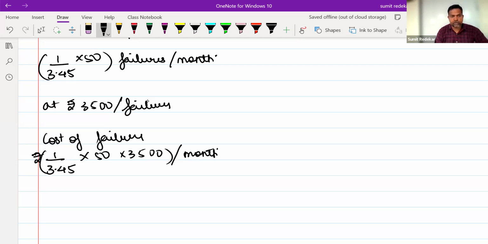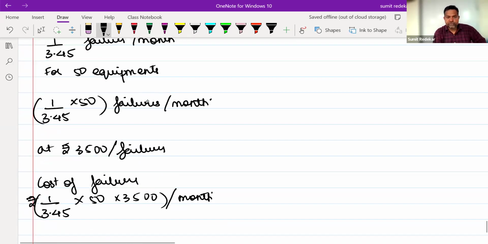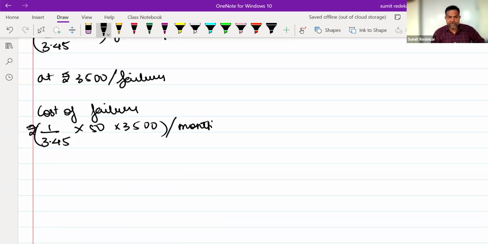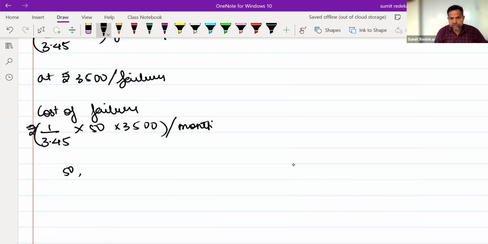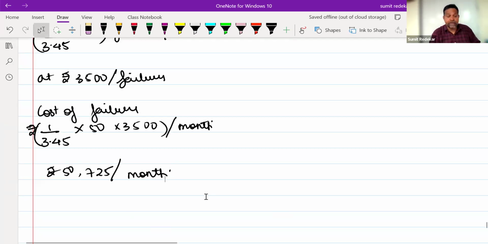This is what it will cost you per month, which when converted to money will be 50 into 3500 divided by 3.45. So it will cost you 50,725 per month. Now, this is what it will cost me on an average every month if I decide to do only and only breakdown maintenance.